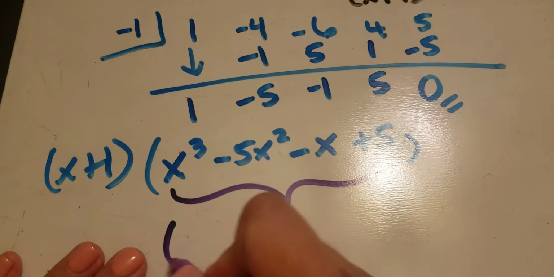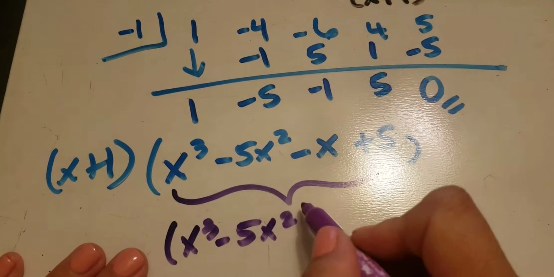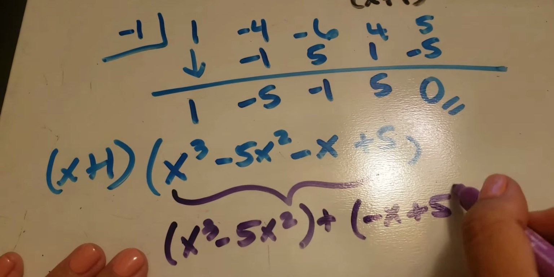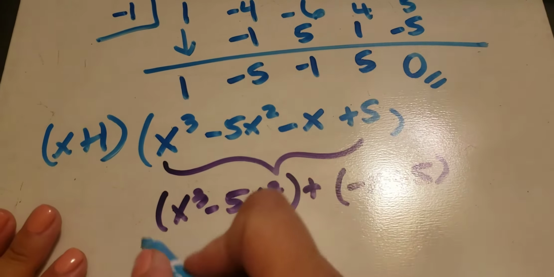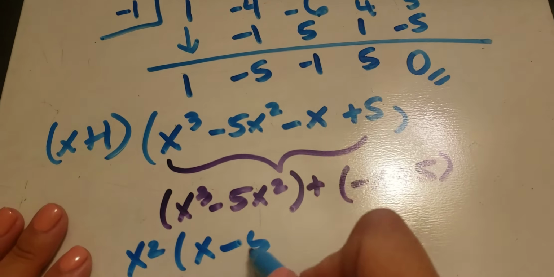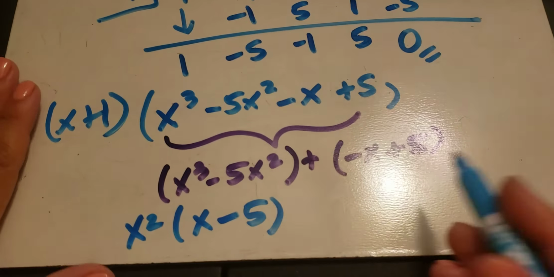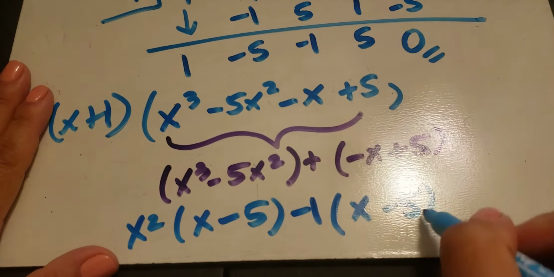Okay, so I should have x cubed minus 5x squared. And then I'm going to put plus negative x plus 5. Okay. And then in the first grouping, I can factor out an x squared. So I'm left with x minus 5. And then these need to look the same. So what I can factor out is a minus 1. And if I do that, we have x minus 5.